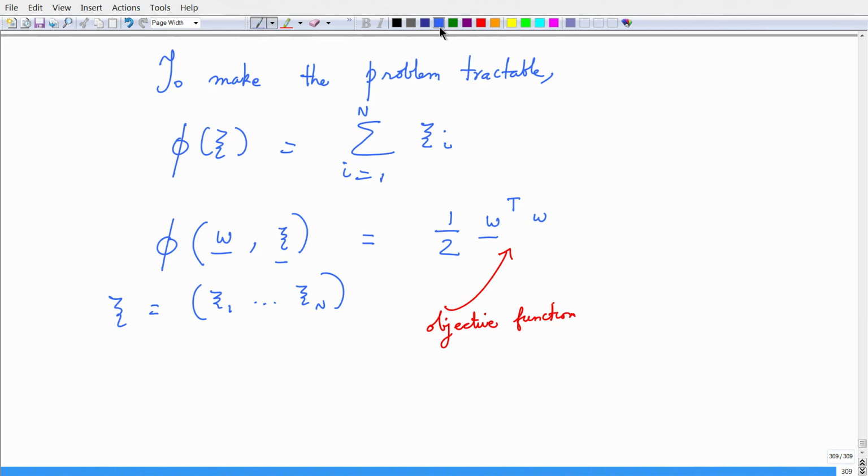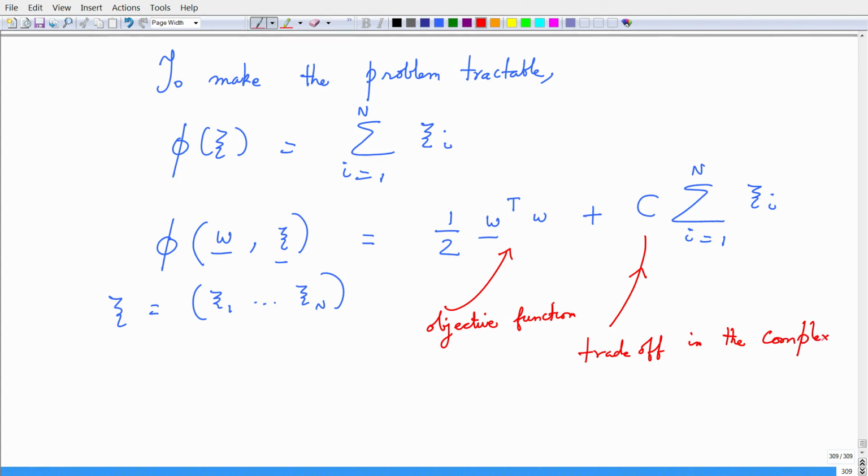along with the constraint, and this is an equality constraint. So, it is C times summation i equals 1 to n zeta i, and this quantity C provides a trade off in the complexity of the machine.